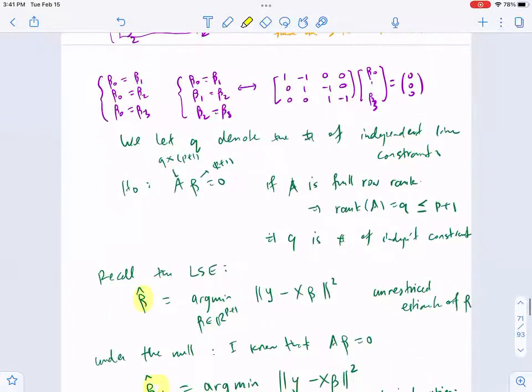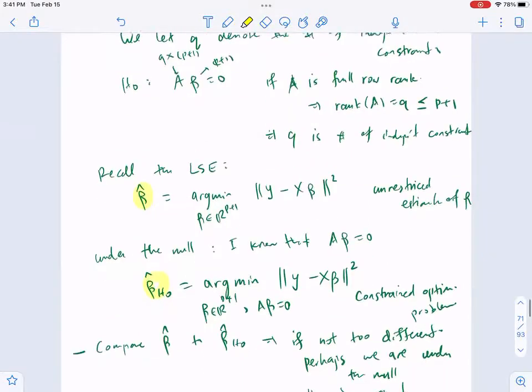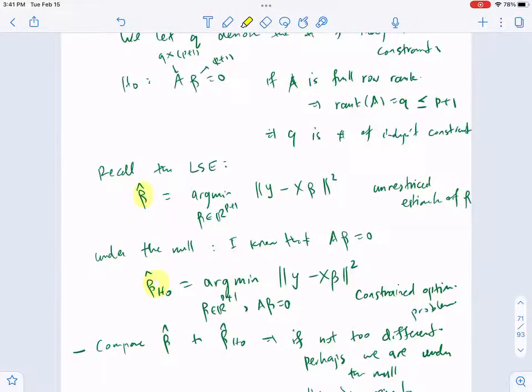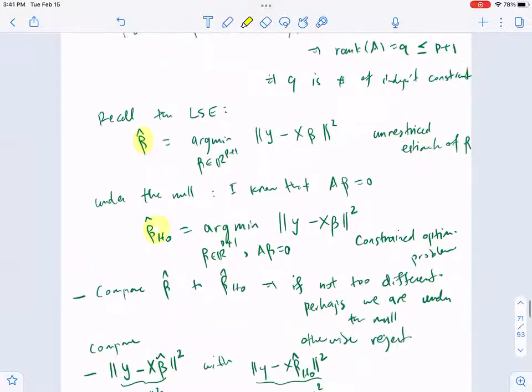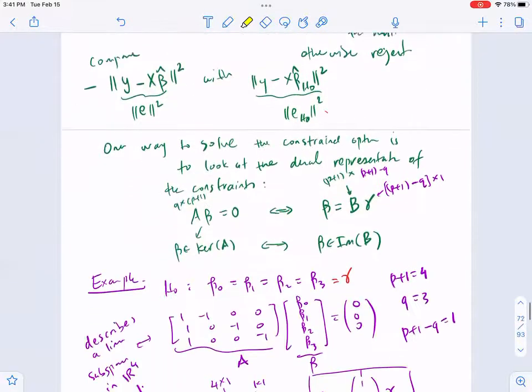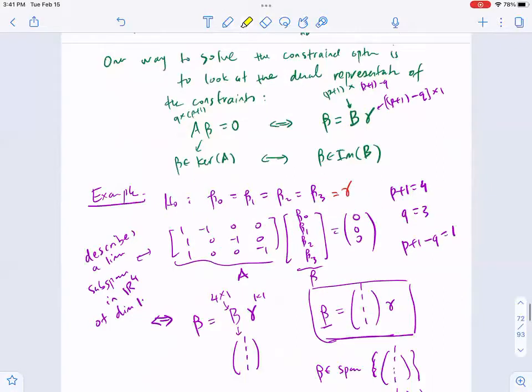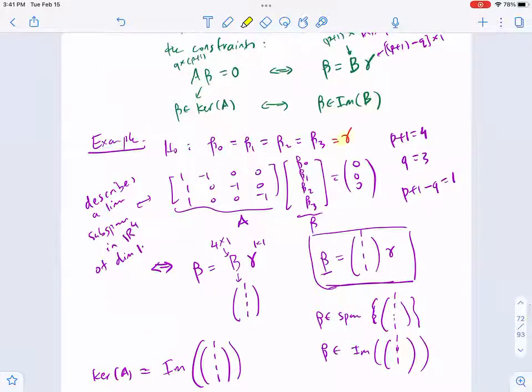So we decided to try this idea that we fit the regression once without the constraints on beta, and once with constraints on beta. Here I'm calling it beta hat H naught, but sometimes I call it beta hat A, referring to this A. We saw that this restricted problem is equivalent to solving another linear regression, if we can write the constraints in this dual form, which we did, for example, in this case, by introducing this new parameter gamma, which was free.